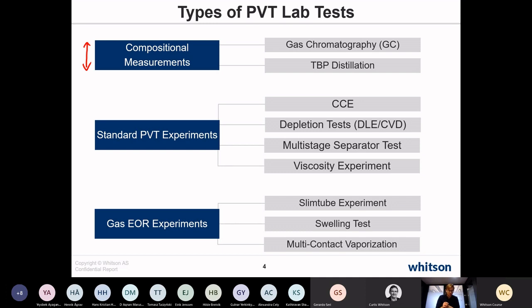For the standard PVT experiments, we have the so-called CCE experiments. So that's constant composition expansion, or also called CME, so constant mass expansion. So mass and composition. Then we have, for all practical purposes, two different depletion tests, the DLE experiment and the CVD experiment. We have a multi-stage separator test, viscosity experiment.